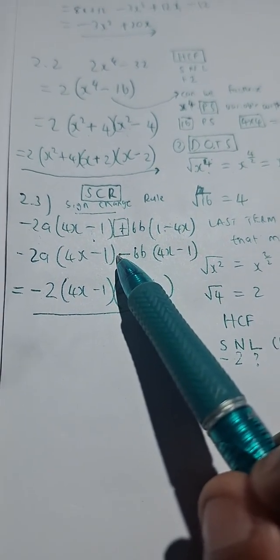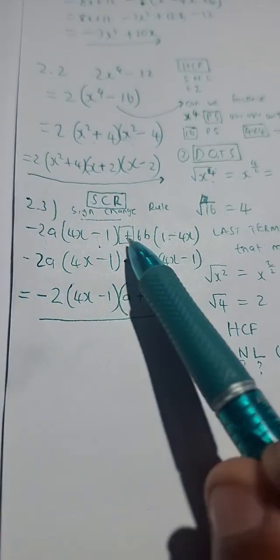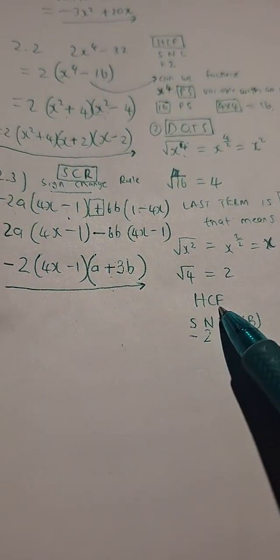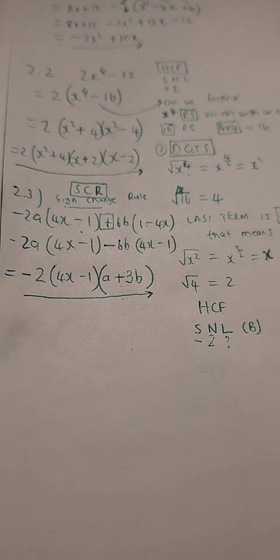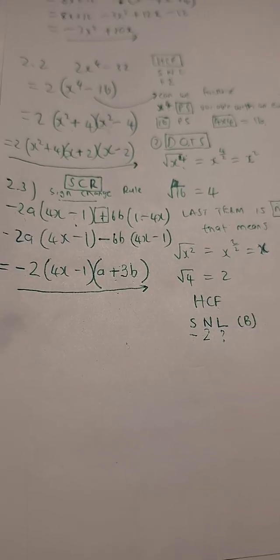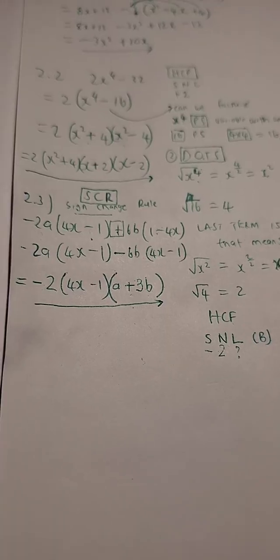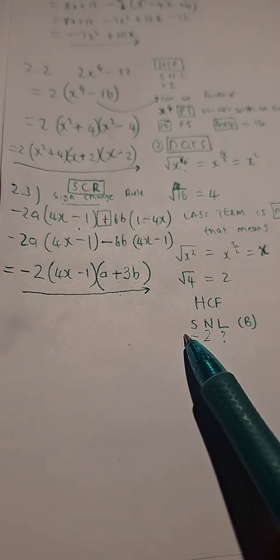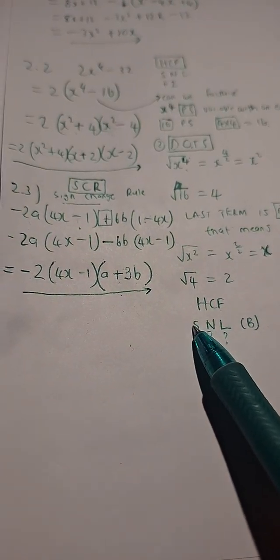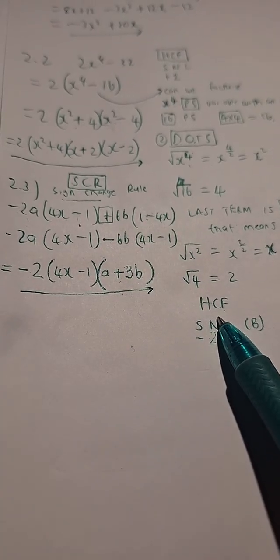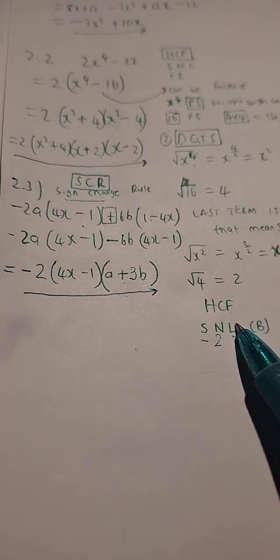Then, please guys, after doing such, you must ask yourself, is there a highest common factor? Even though initially you are going to say, I see a common bracket, please don't rush in just seeing the common bracket. Check first. Is there a highest common factor sign? Is there a highest common factor number? Is there a highest common factor letter?